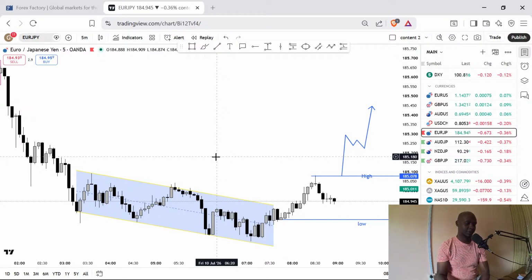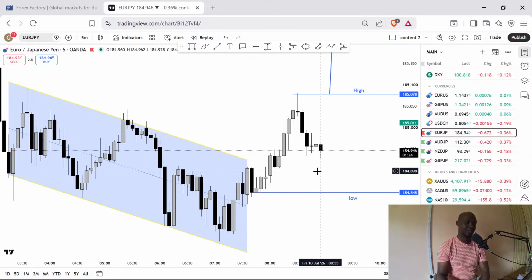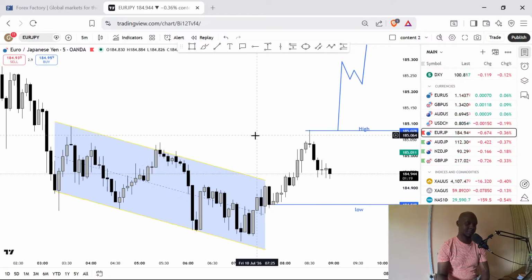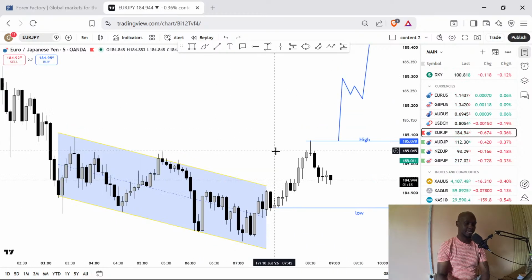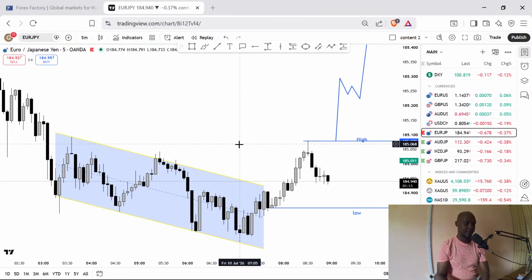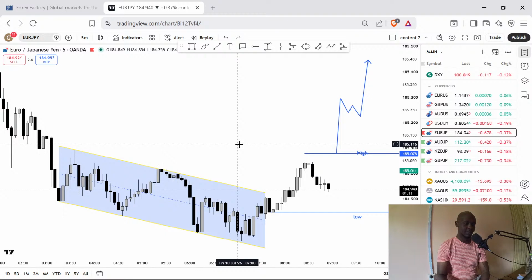I think if you are starting out on reading price action, it will be very easy for you to take this trade. And in fact, this trade might actually continue to push higher, but for me, I did not get the strong candles that I was looking for, so I've stayed out of the trade.